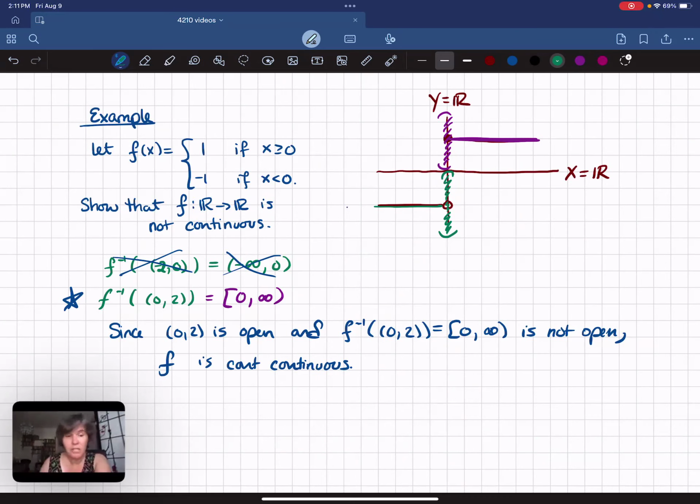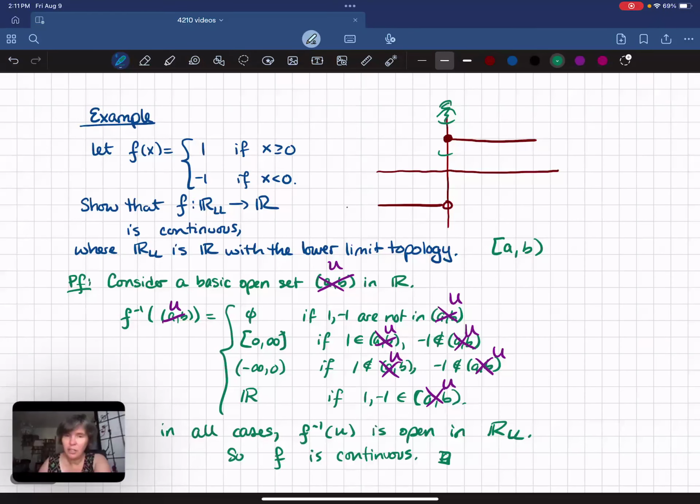But if you use a different topology, such as the lower limit topology, when I change it to have the lower limit topology on its domain, it suddenly becomes continuous. In fact, if it went from the lower limit topology to the lower limit topology, I think the same argument would still work. But the point is just that you can't necessarily look at a picture and know if a function is continuous.